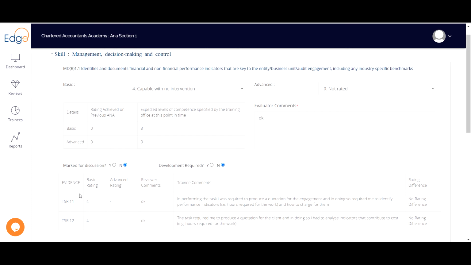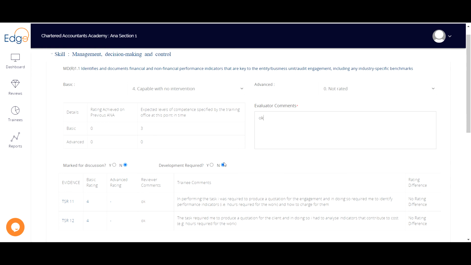They submitted evidence, 2 testers with basic ratings level 4, and there were no rating differences, and there is no advanced rating for this competency for these technical skills which were documented. Right, and then given this information and the expected levels of competency, the evaluator decided to give this trainee a 4.